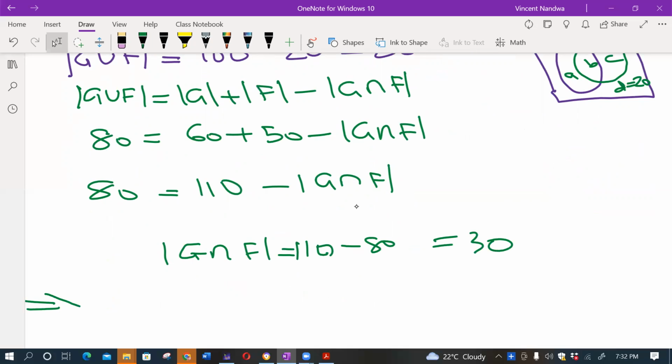So in terms of percent, it will be 30 over 100 times 100%, which is 30%.